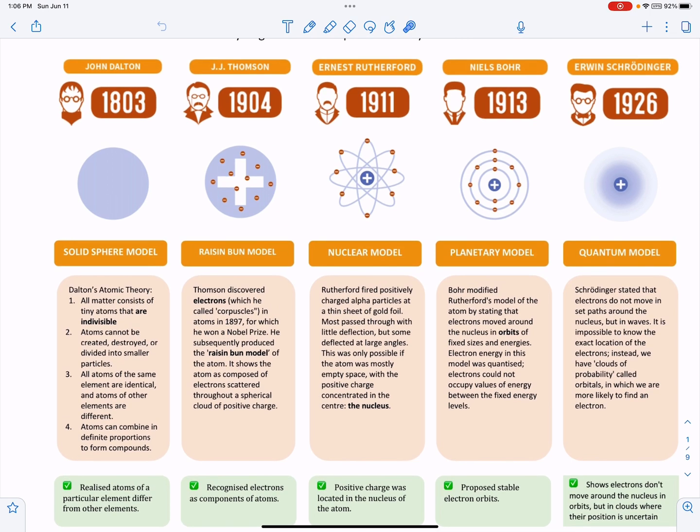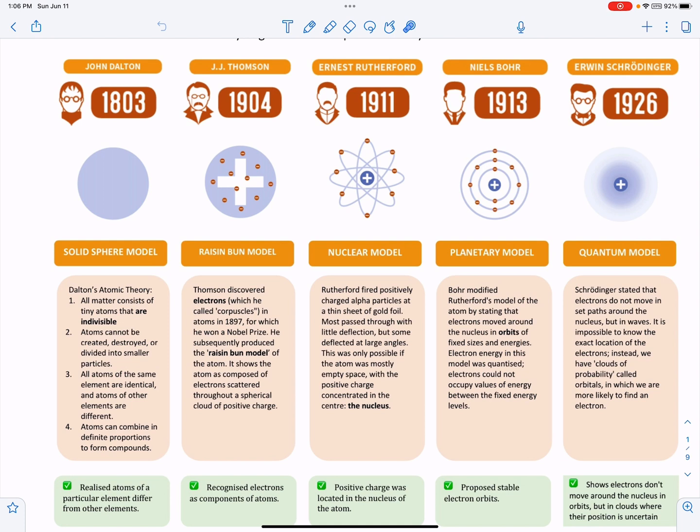A complete model of the atom comes with the discoveries of Erwin Schrödinger in 1926. He came up with the quantum model. Schrödinger states that electrons do not move in set paths around the nucleus, but instead they move in waves. It is impossible to know the exact location of electrons.